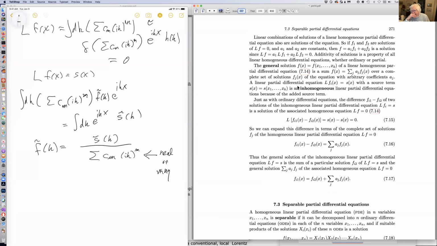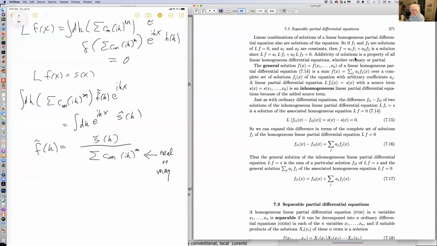Linear combinations of solutions of a linear homogeneous partial differential equation are also solutions, because if L of F1 is 0 and L of F2 is 0, then A1 F1 plus A2 F2 is also sent to 0 by L, because L on that is A1 L of F1 plus A2 L of F2, and that's 0.